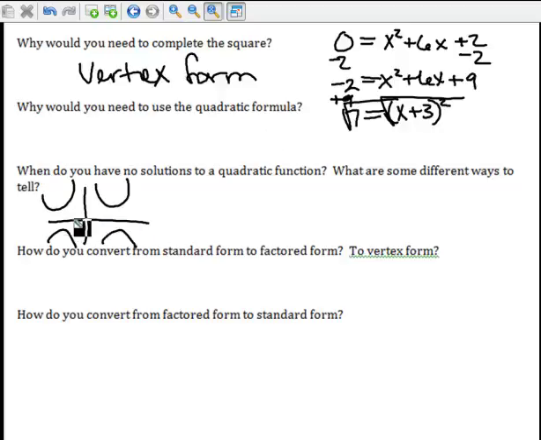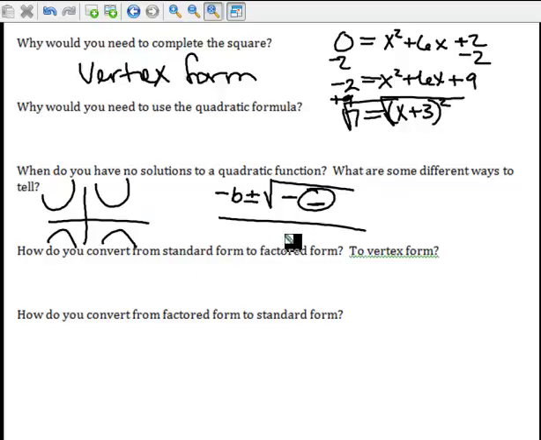They do not touch the x-axis. So usually what will happen there is when you have that minus b plus or minus, you'll get a negative number there, and since you cannot take the square root of a negative number, you know that those roots don't exist. So that's one giveaway.